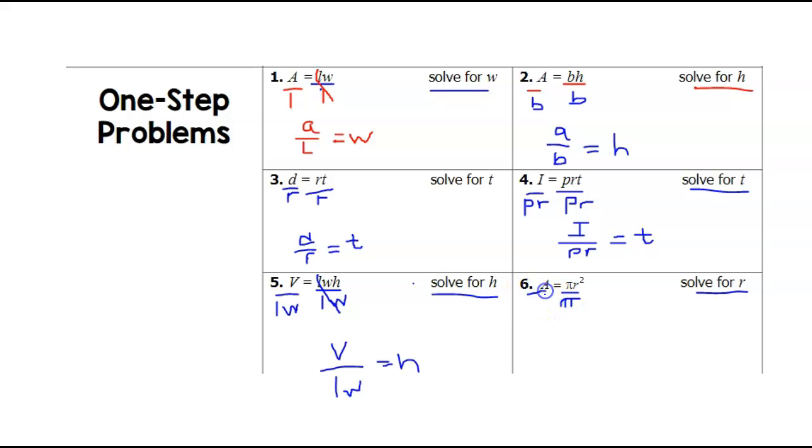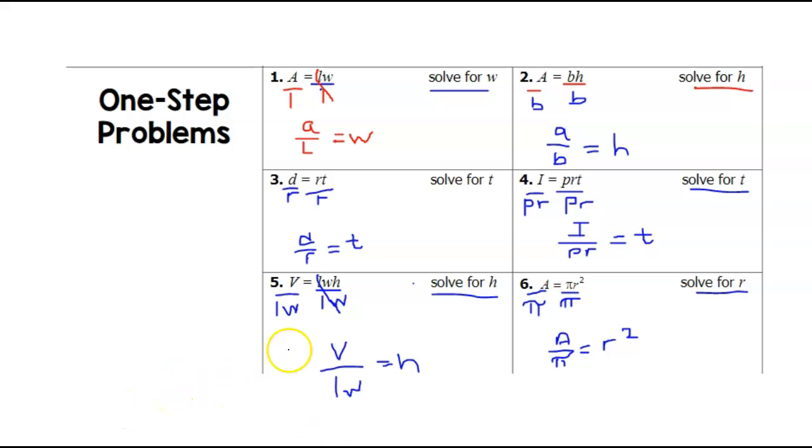So I'm going to divide both sides by pi, and I end up with A over pi equals R squared. Now here's the part that I think you might get a little confused on. Do you guys see that? We have to get rid of the square. So in order to get rid of squares, guys, we take the square root.